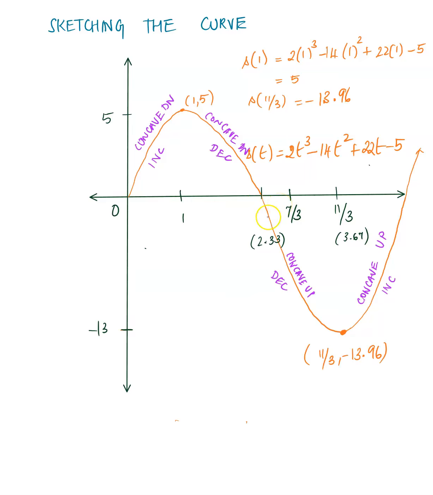Because if it's going to pass through the 7/3 on the x-axis, that means s of 7/3 must be 0. That's not the case. s of 7/3 gives me negative 10.67. Let me write that. So it's definitely not passing through 7/3. All right, so that's our sketch here.